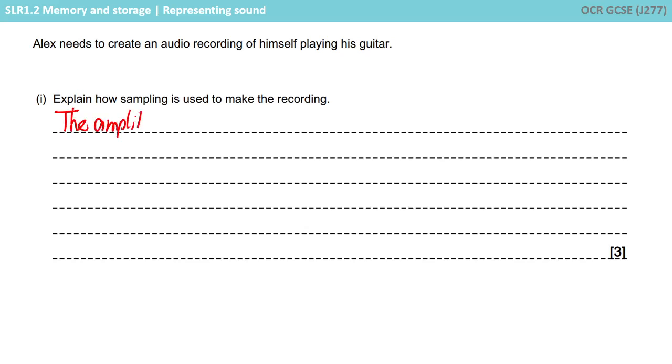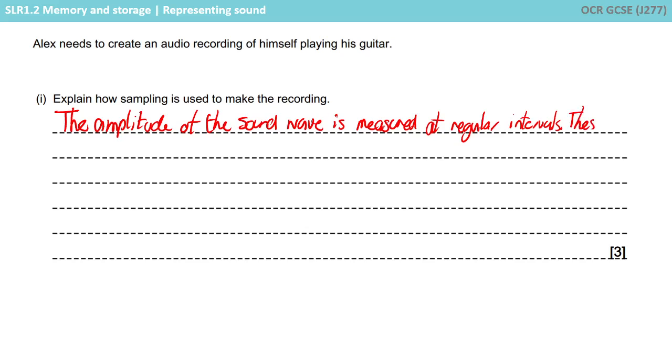The amplitude of the sound wave is measured at regular intervals. These are then stored as binary values.